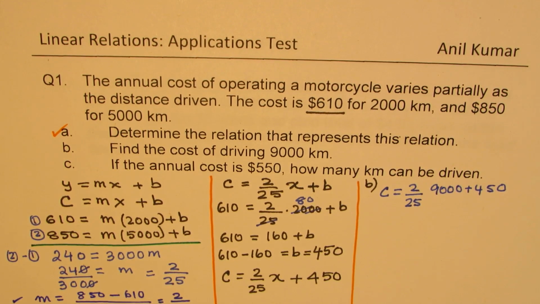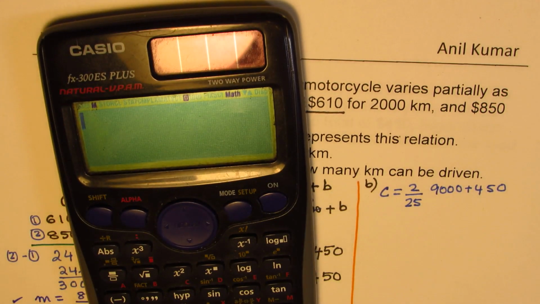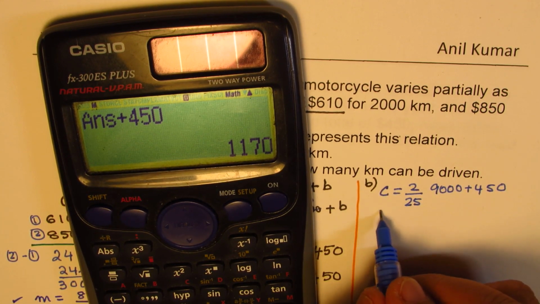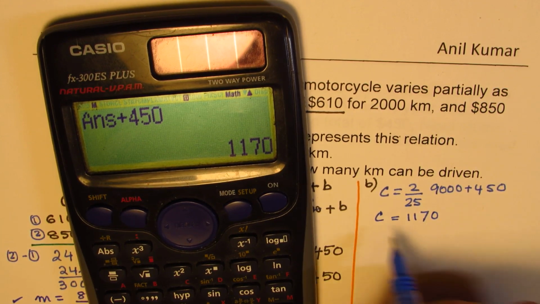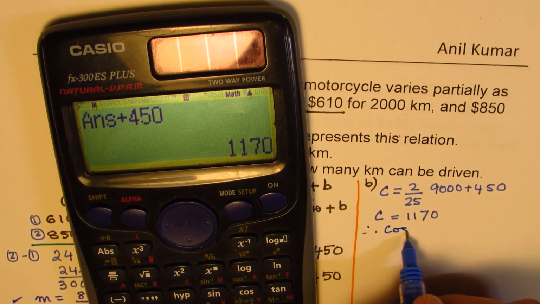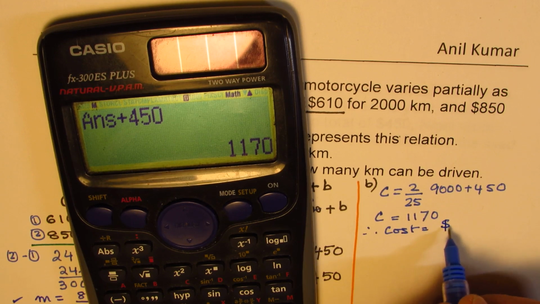So let's multiply and get the answer. So we get 2 times 9,000 divided by 25, and then we'll add 450 to this. So the cost comes to 1,170. The answer should be in dollars, so therefore, cost equals $1,170.